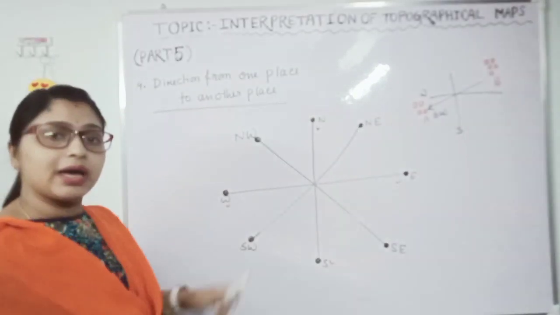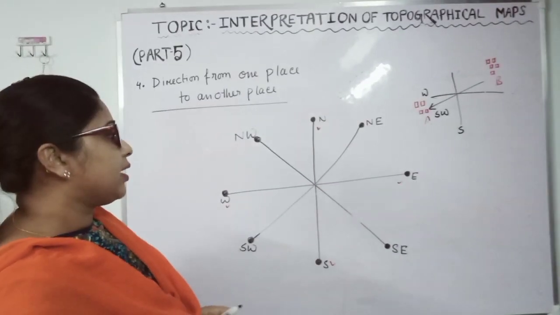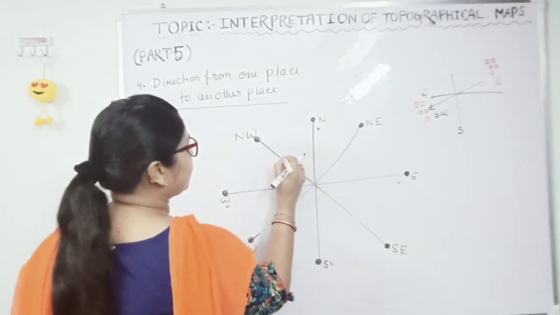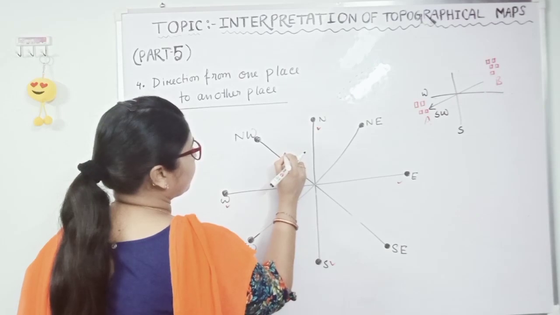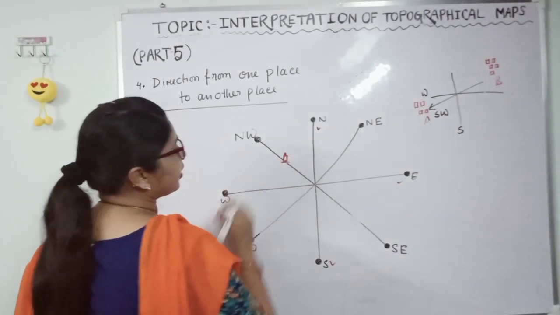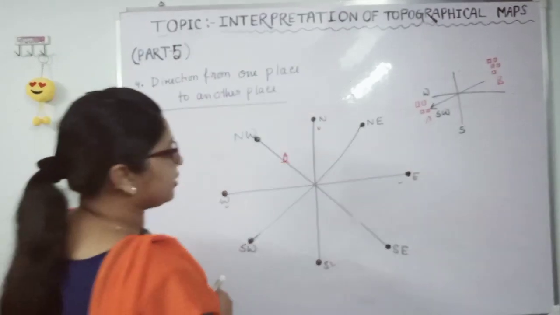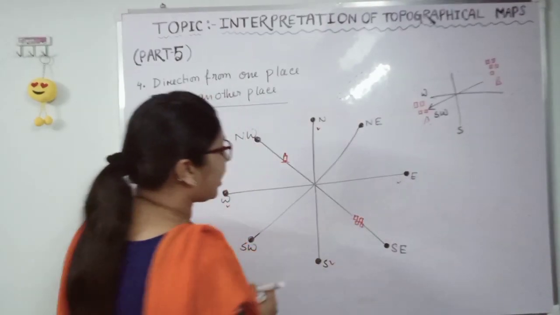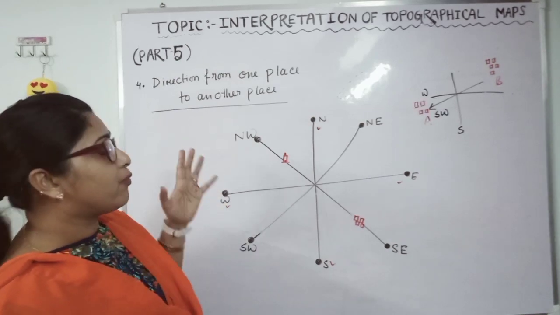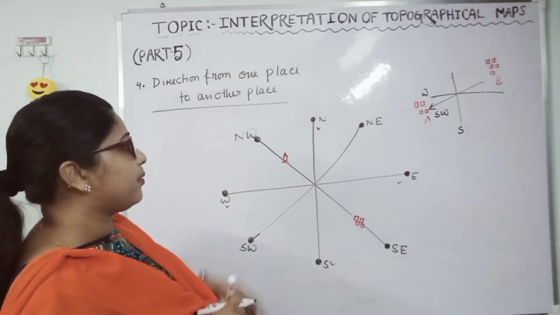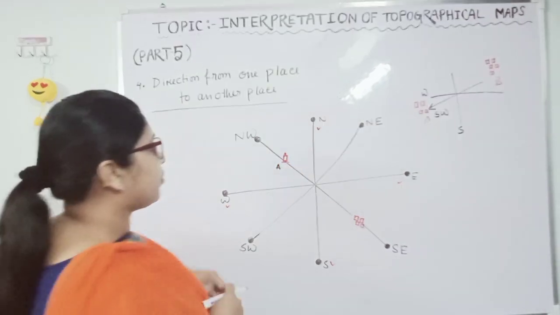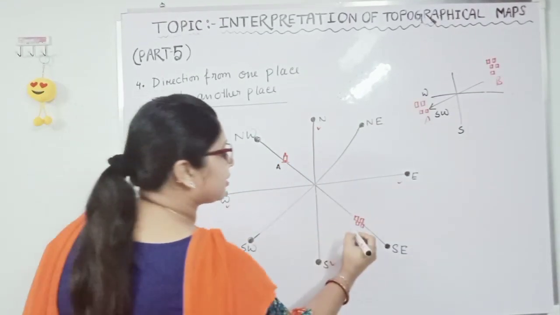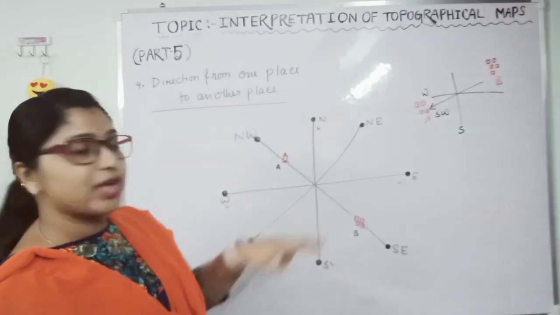Any kind of feature can be asked. Here I am giving a temple. A temple is given, and here a settlement is given, and it asks, from this point A, the temple, in which direction the settlement named B is.